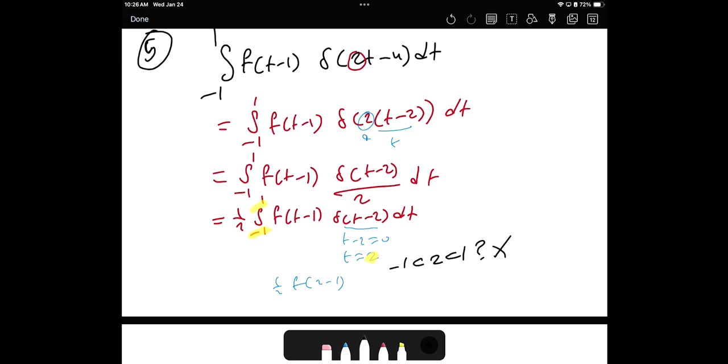No. Therefore, saying 1/2 f of 2 minus 1 is incorrect. So the answer 1/2 times 0 will be 0. Okay? Because it's outside. I'm doing the integral where there is no function. I'm doing the area of nothing, which is 0.